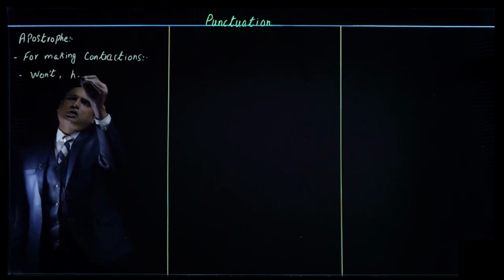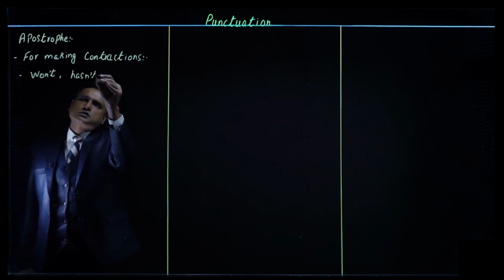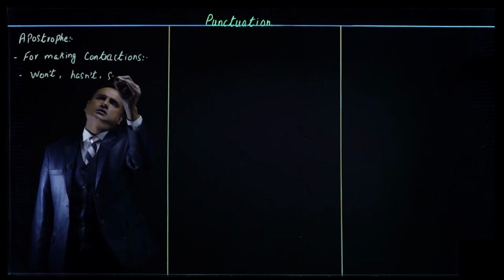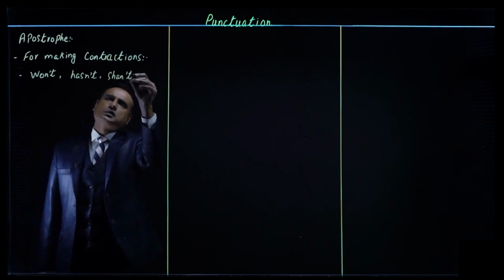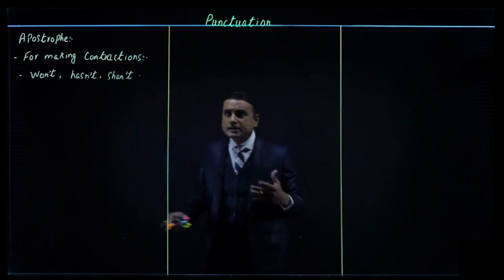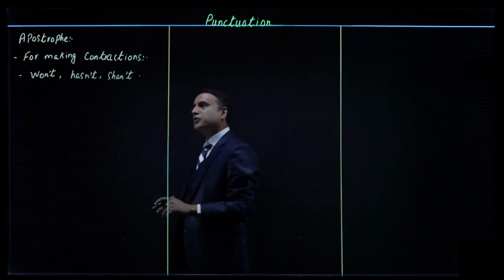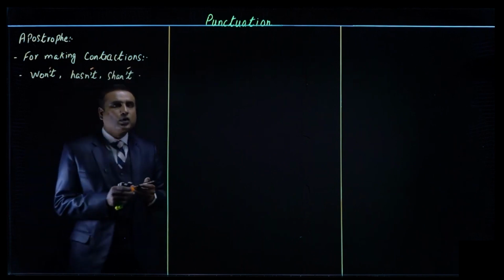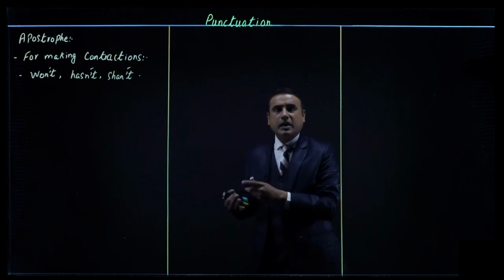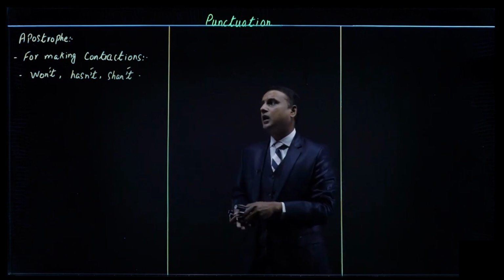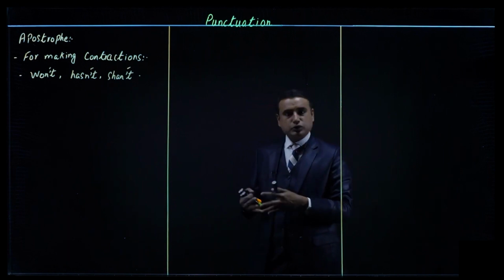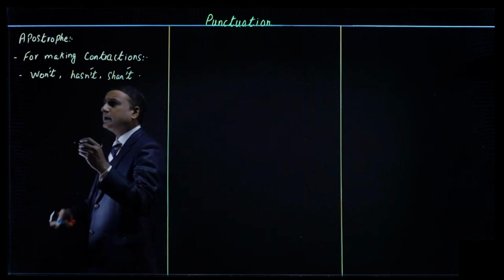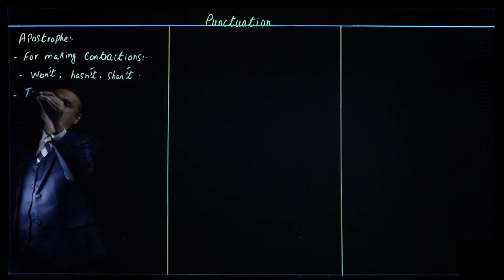Instead of using has not, we use hasn't. Instead of using shall not, we use shan't. So all these are actually contractions, and for making all these contractions we need apostrophe. और apostrophe लास्ट लेटर से पहले हम एक्चुअली यूज़ करते हैं, और इस तरह से हम उसको ब्रीफ फॉर्म में कंस्ट्रक्ट कर लेते हैं.